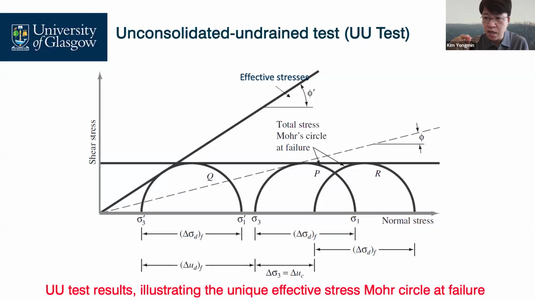So the increase in effective stress equals 0. That's why every single circle with different confining pressure has the same diameter. So initial effective stress remains unchanged, and the changes in your pore pressures do not affect the total stress applied. So you get a unique Mohr circle in terms of effective stress.